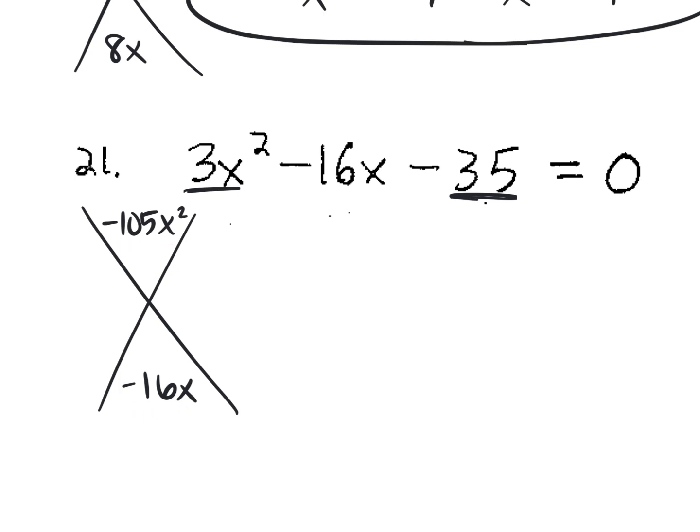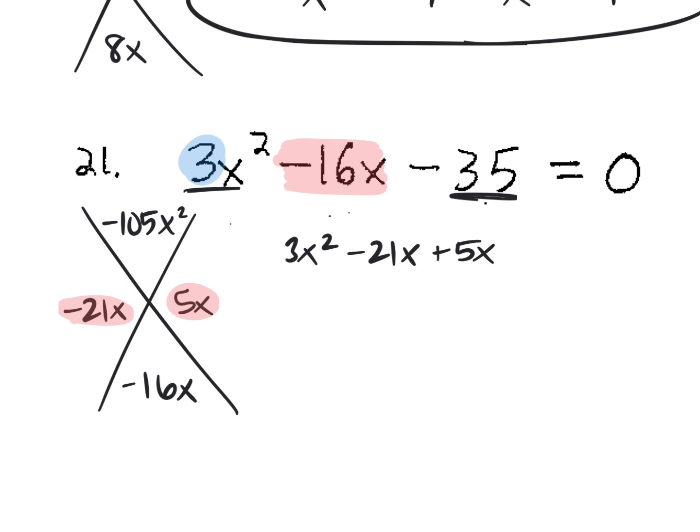If you're looking at your chart, you should see that those numbers are negative 21x and 5x. So this one, since a is not equal to 1, we are going to have to replace these two values for my b term if we're doing factoring. So I would rewrite this as 3x squared minus 21x plus 5x minus 35 equals 0.